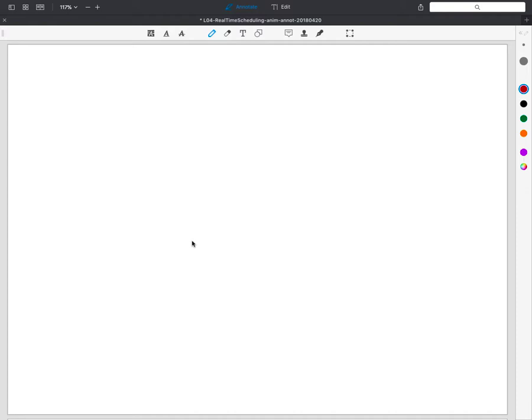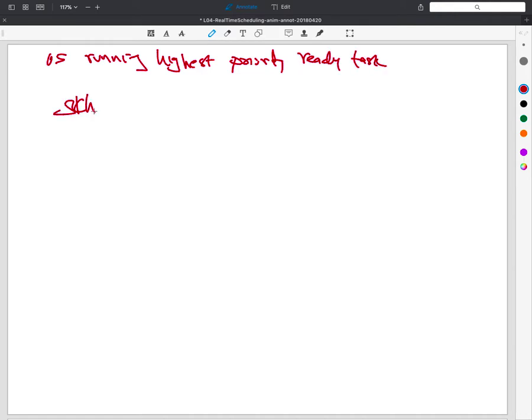And given the model we have of this priority, and the OS is always running the highest priority ready task, with that, our scheduling problem is equivalent to the problem of assigning priorities.